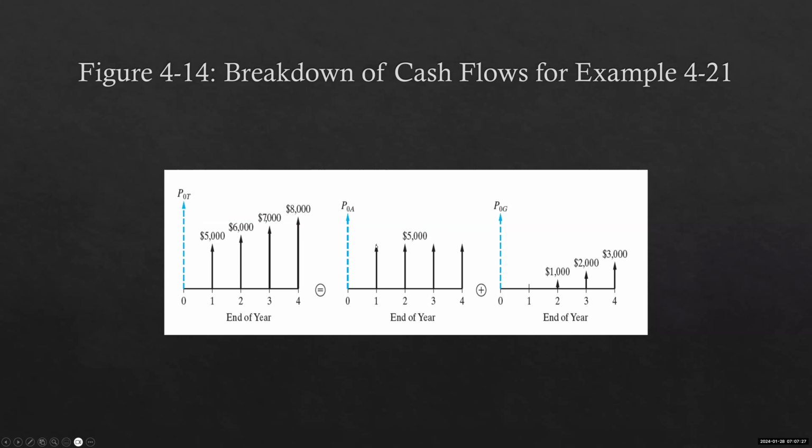So year 1 is really representative of the baseline annuity, where the gradient, the G, doesn't start until year 2. So we have a gradient of $1,000 starting in year 2: 1,000, 2,000, 3,000, but we have an annuity starting in year 1 of $5,000.